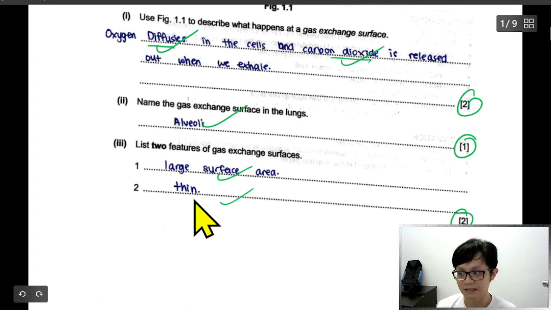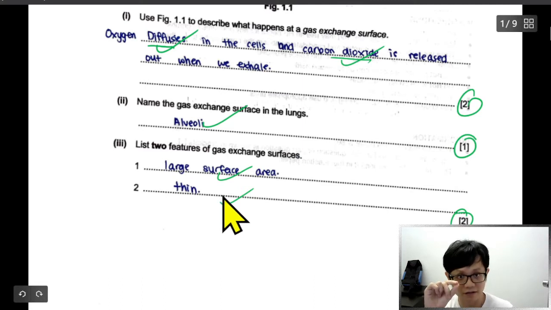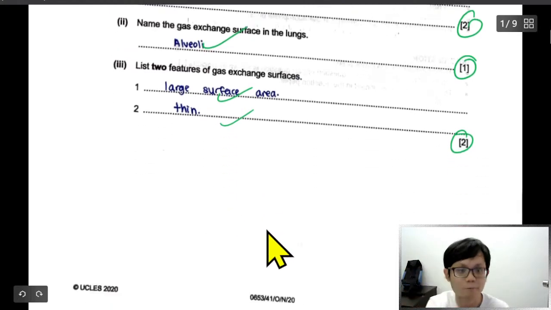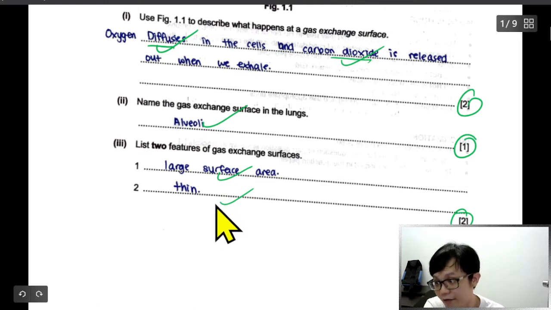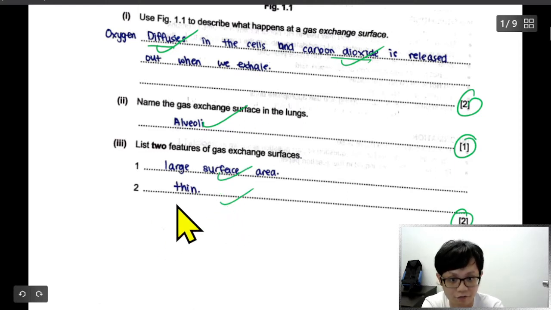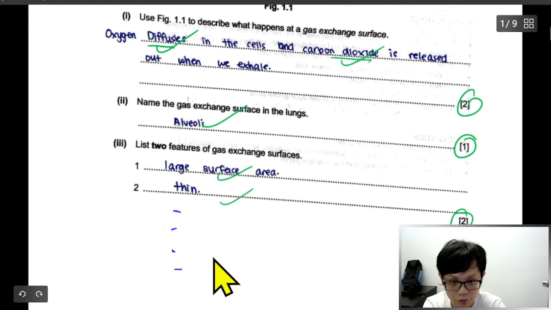It is only one cell thick, meaning from the alveolus to the outside there's only one cell, so it's very thin. And of course you can write a lot of other points, for example good blood supply, a lot of blood capillaries, well ventilated, and so on. So there are a few more answers here, up to you.